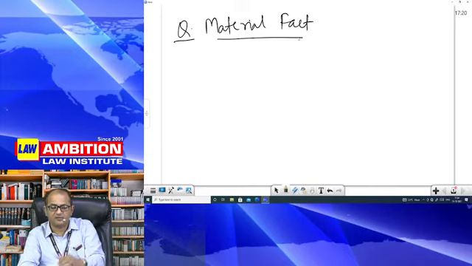It is a substantive portion of the body of the plaint, without which you cannot make a proper claim.